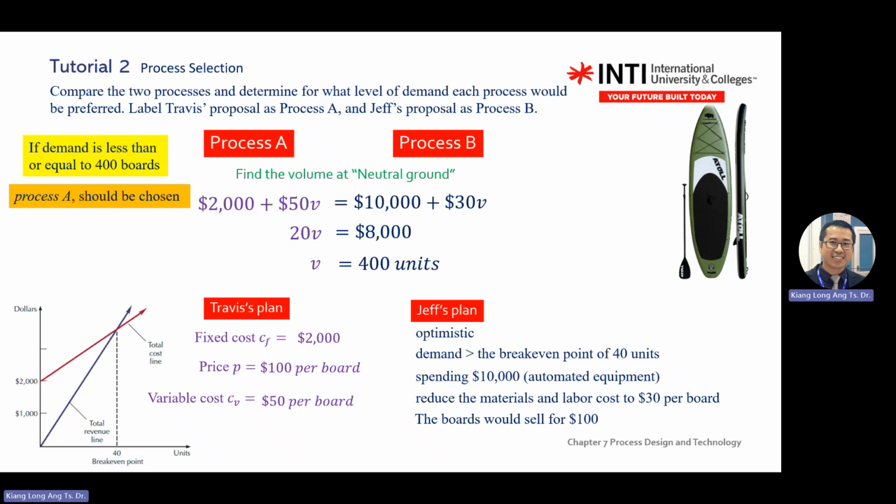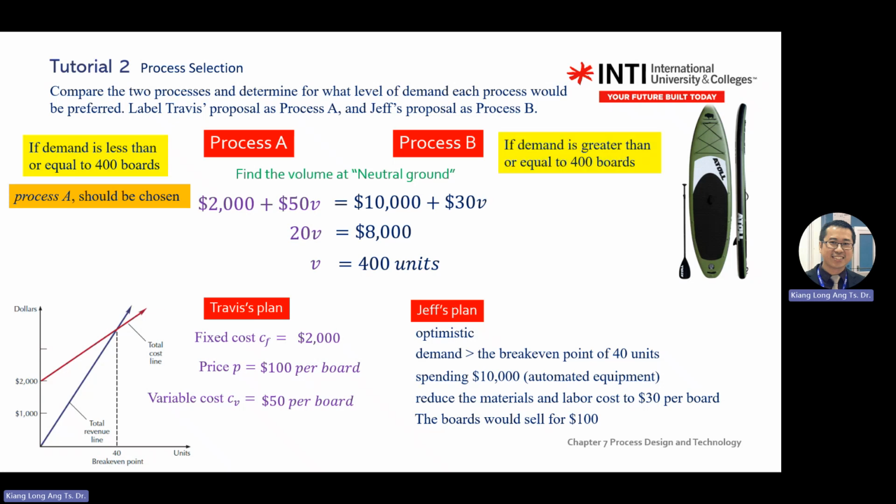You take 100 here, your total cost for process A is what? Let's say 100 units is about 7,000. Left hand side is 7,000. Right hand side is more than 10,000, you know. So it's not worth it.